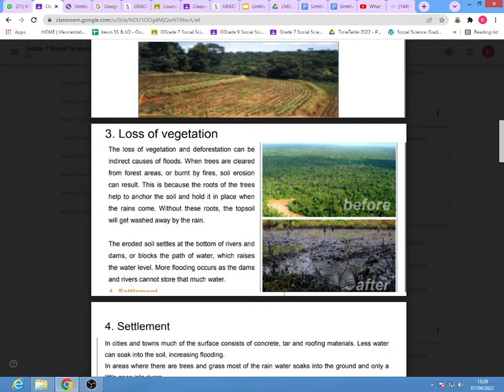This is because the roots of the trees help to anchor the soil and hold it in place when the rain comes. Without these roots, the topsoil will get washed away by the rain. And the eroded soil settles at the bottom of the rivers and dams or blocks the path of water, which raises the water level, and more flooding occurs as the dams and rivers cannot store that much water.